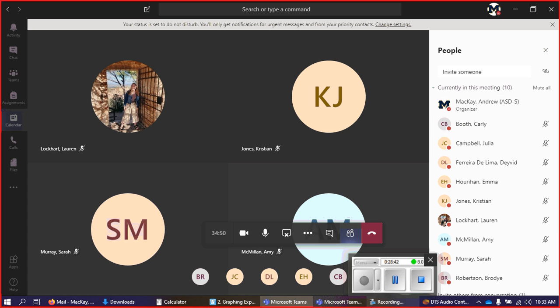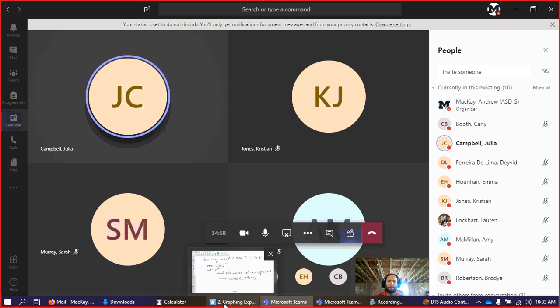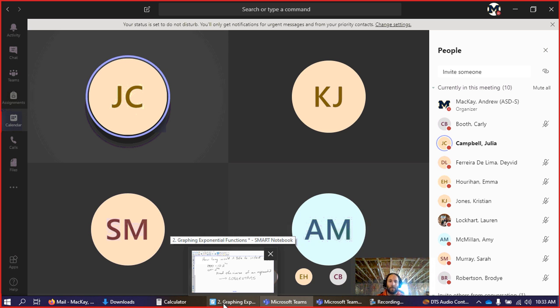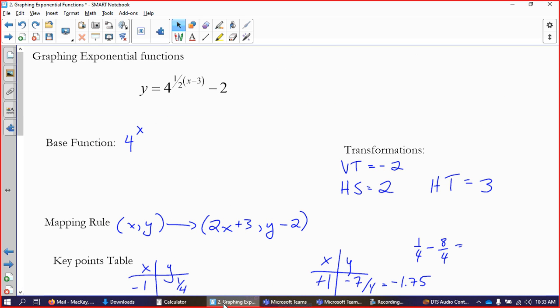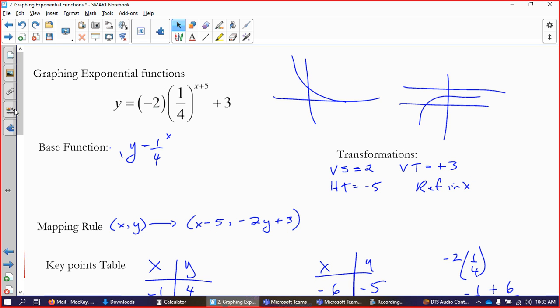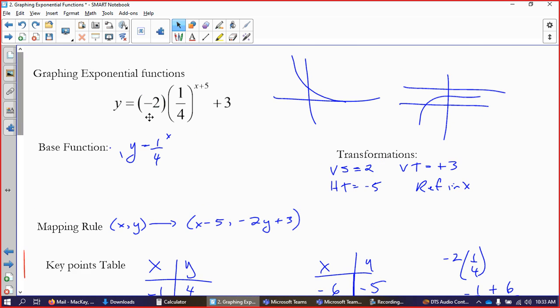If anyone has any questions... Mr. McKay, I have a question. Go for it. I don't know if you covered this already, but my computer was really slow and wouldn't let me on until halfway through. For the homework you gave us yesterday, how did you get your first graph for your key points table? So it's 1/4 to the x, right? That's our base function.